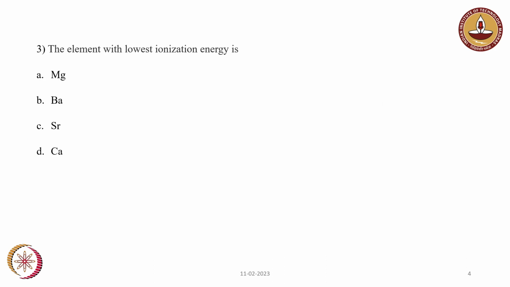The next question is: the element with lowest ionization energy is? Option A is magnesium, B is barium, C is strontium, and D is calcium. So we need to know the position of these elements in the periodic table.